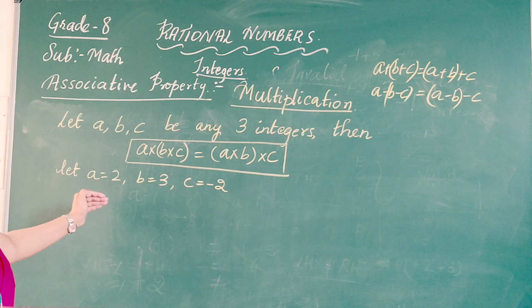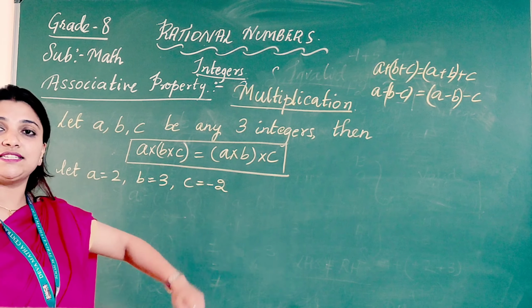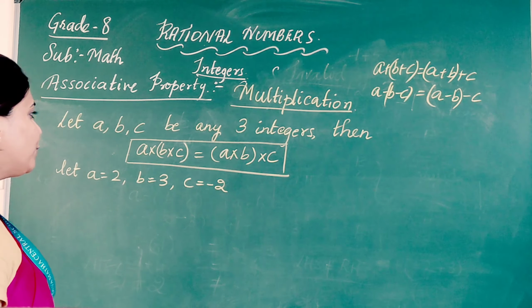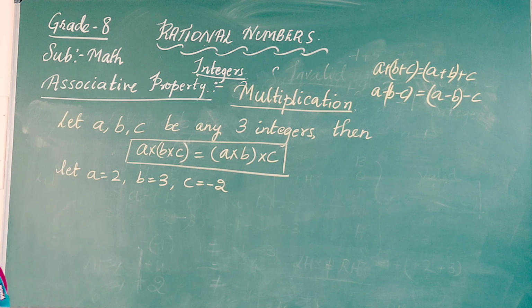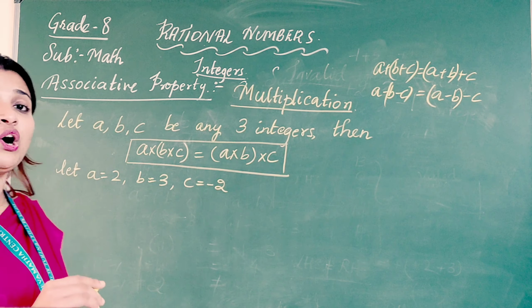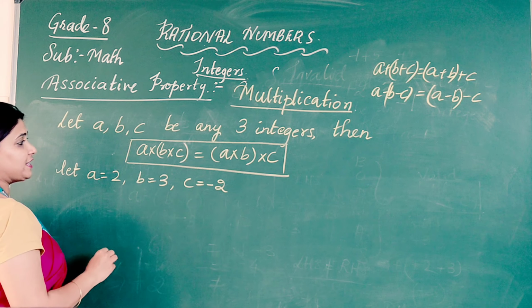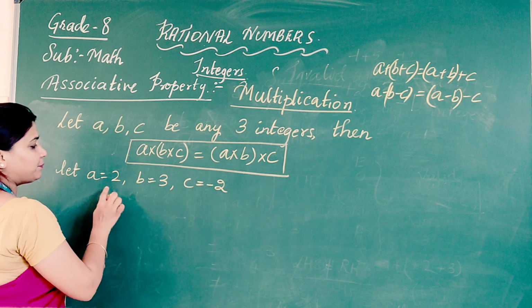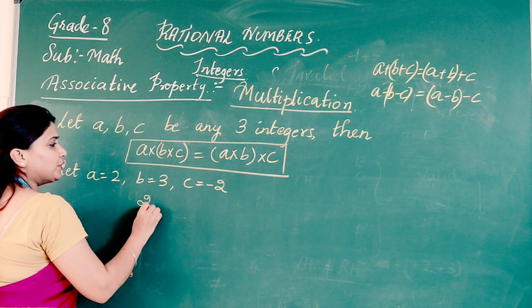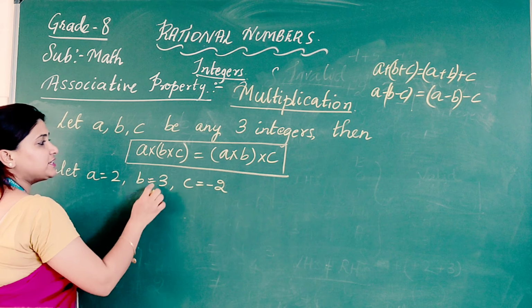Okay, so I have taken some three integers. A is equal to 2, B is equal to 3, and C is equal to minus 2. So according to the formula of the associative property for multiplication, instead of A, I put what? 2. 2 into, what is B? B is 3, into, what is C?